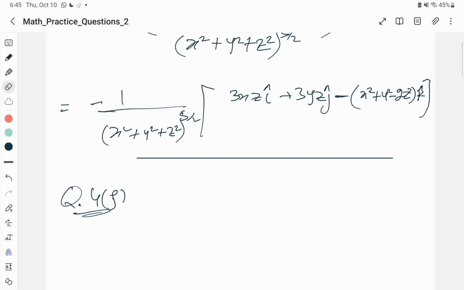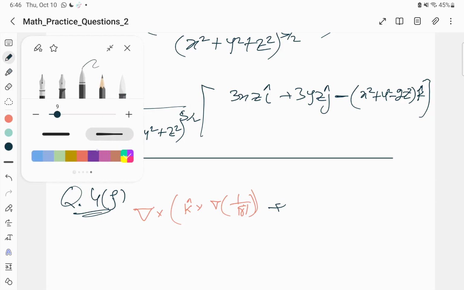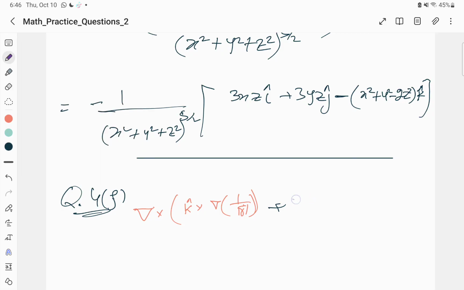Now we do the last part of this question 4, which is that we have to check del cross k unit vector cross del of 1 over r magnitude, plus the expression del into k dot del of 1 over r magnitude, and we have to prove this is equal to 0.